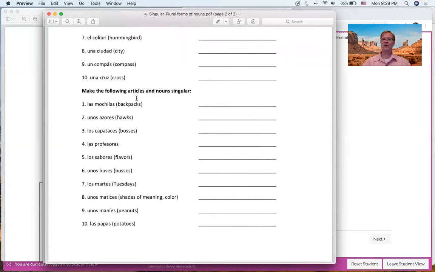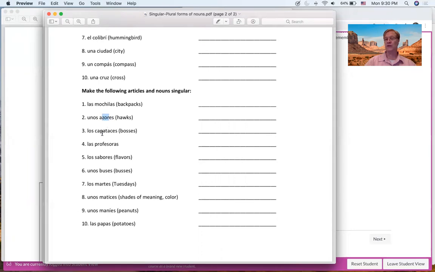A little bit more difficult is going from plural to singular, because unless we know the vocabulary, we don't know if the word originally ended in a consonant or in a vowel. For instance, azores, hawks: did the word in the singular end in an E, or did it end in the R?